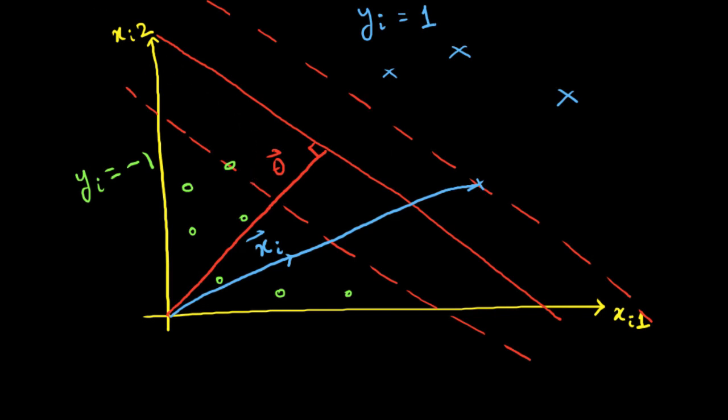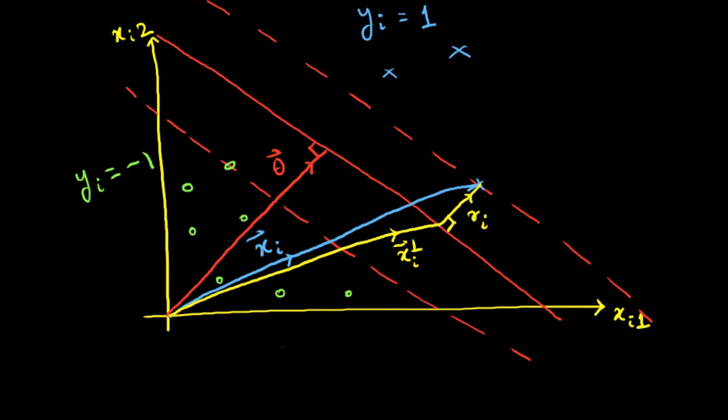Let us also drop a perpendicular from the point to the decision boundary, and let us also connect that point from the origin. This vector we are denoting as xi perpendicular vector. So this xi perpendicular vector is nothing but the perpendicular projection of our point, which is closest to the decision boundary on one side of the boundary. And let this distance be equal to ri.